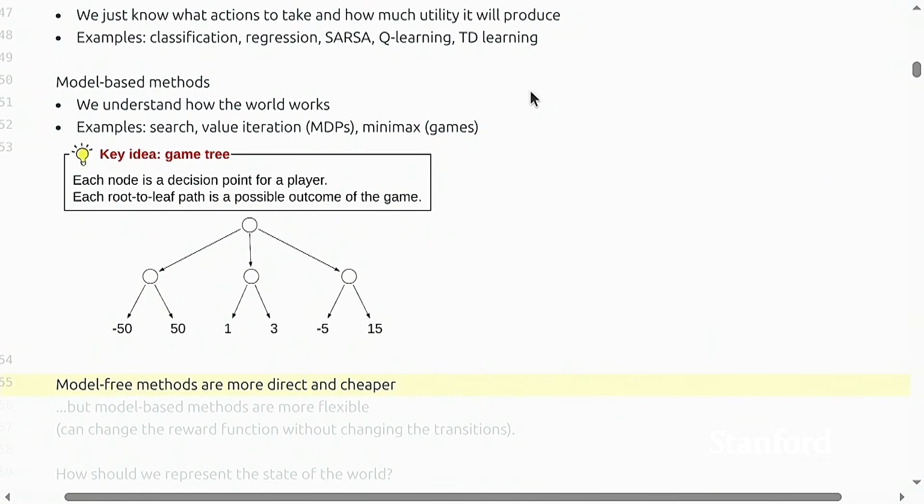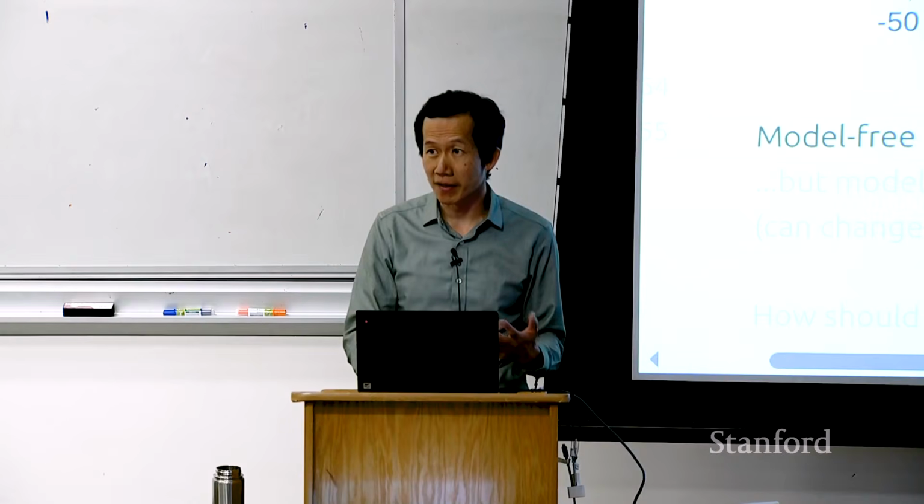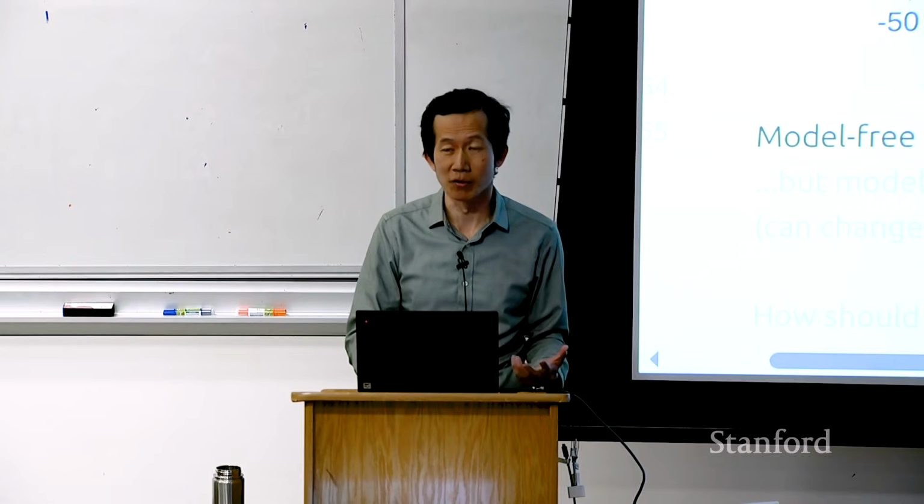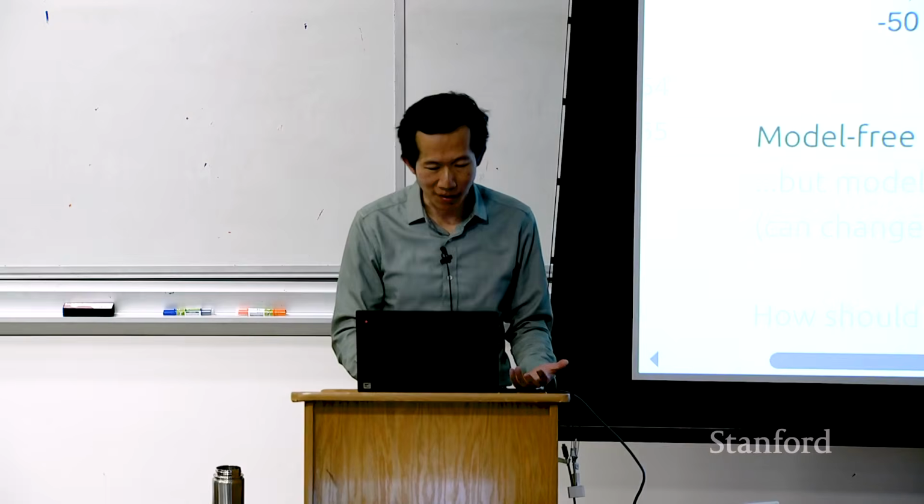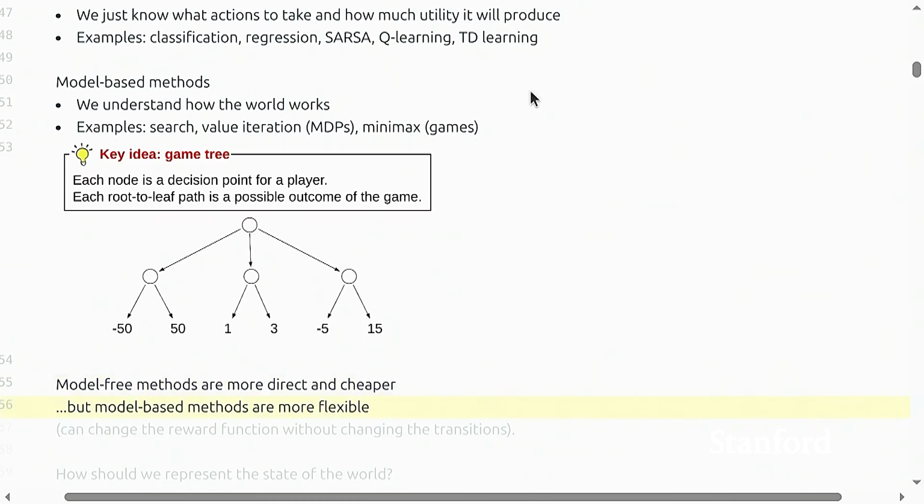So model-free methods are direct and cheaper, which is why in a lot of practical applications people just go to them because they're faster. But model-based methods are more flexible. For example, if you have a model of how the world works, you can change the reward function on the fly, keep the transitions the same, and then compute the optimal policy.